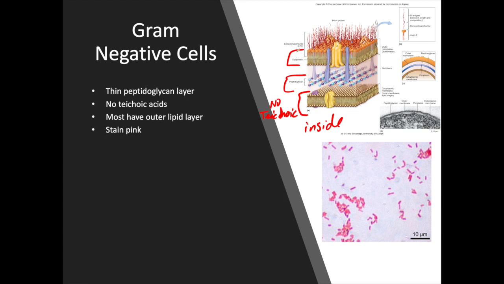In addition to this outer lipid layer, embedded within the outer lipid layer of gram-negative cells is something called the lipopolysaccharide, or LPS. The LPS is made up of two components. They're showing you over here. They have a lipid A, which is embedded into the phospholipid bilayer. That's what you see down here, right?